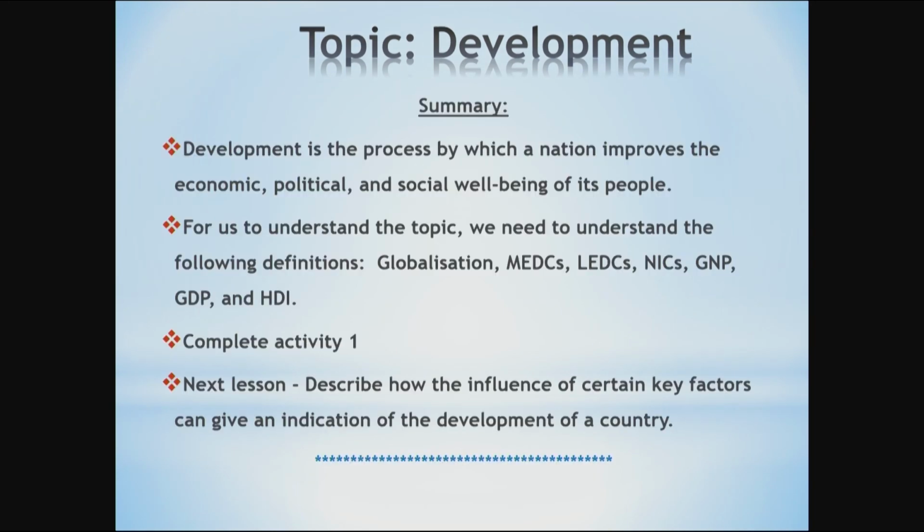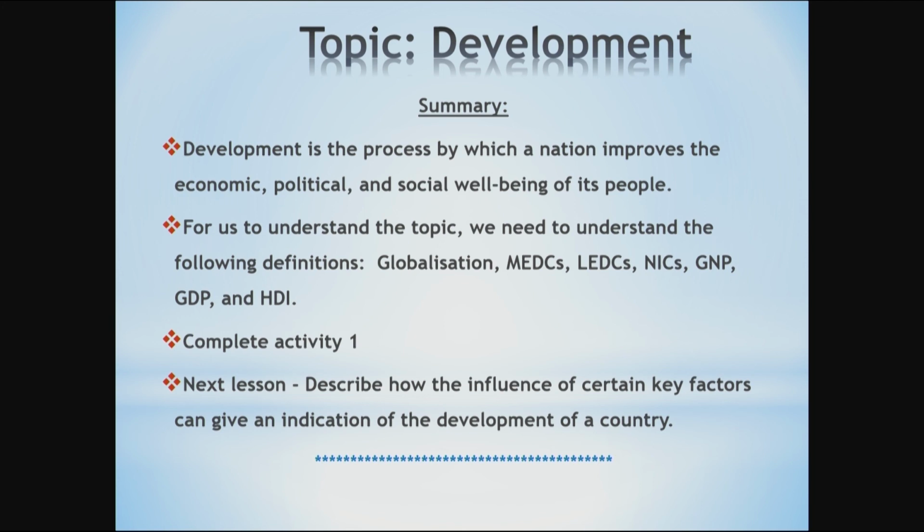Now we have come to the end of our lesson 1 for today. Before we go on, we're going to summarize today's lesson. Today we talked about development. Development is the process by which a nation improves the economic, political, and social well-being of its people.